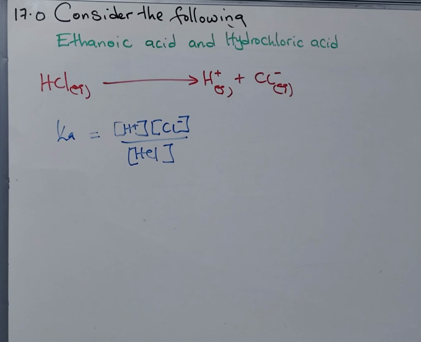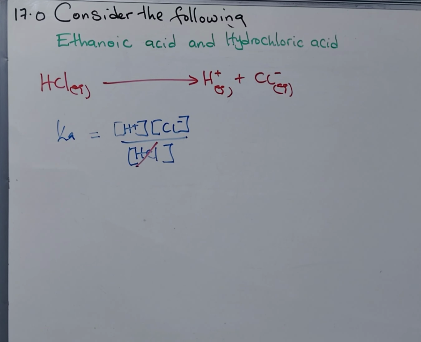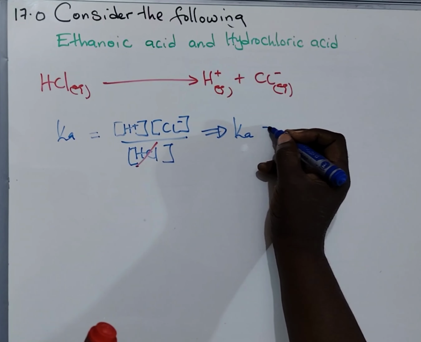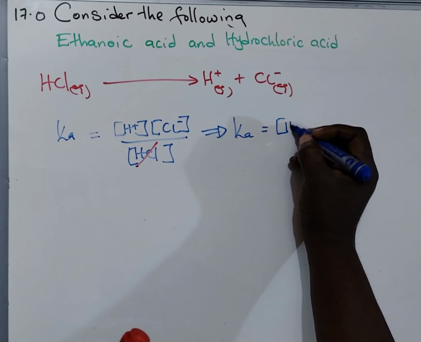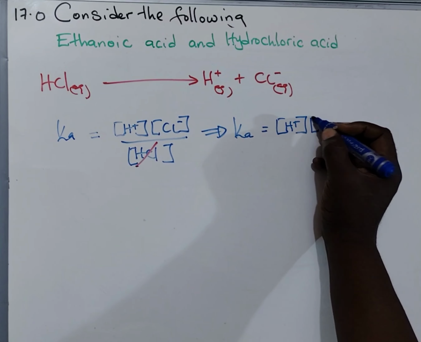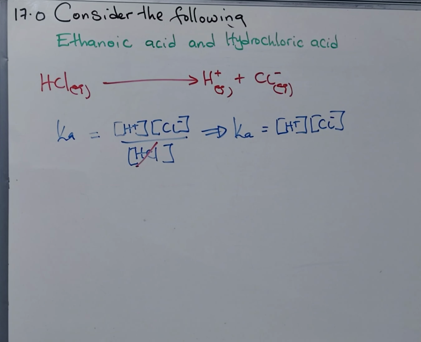But I need to remind you that HCl is completely dissociated, so we don't have it. Our final expression is Ka giving you the hydrogen ion concentration times the chloride ion concentration. As simple as that.